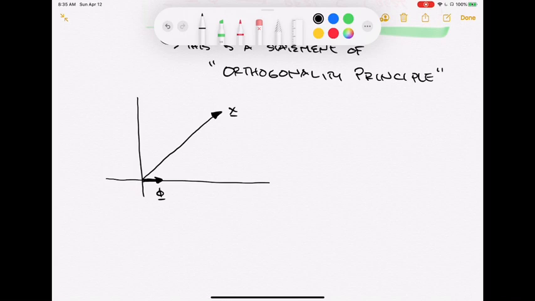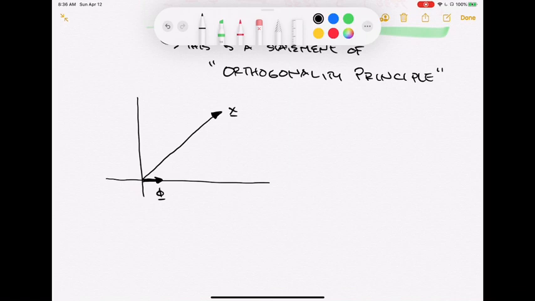And I want to find the best. We said that the best would be the one that makes the error orthogonal to the data. Consider this axis a little bit different. Let the horizontal axis be like the ground, and let the vertical axis be some distance off the ground. So I've got an object, call it your Death Star, sitting above the ground, and I want to find the best approximation to that object x, where I have to be on the ground.